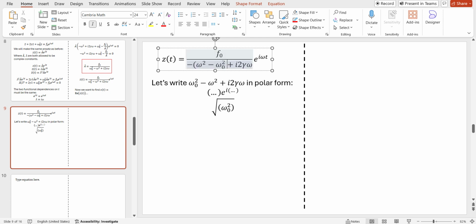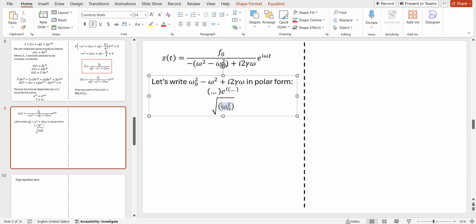I just flipped the order, added a minus sign, right? That's all I did. So if we square this whole thing, that minus sign goes away. So it's going to be omega squared minus omega naught squared, squared. That outer square is the reason why we can get rid of that minus sign. And then we have the complex part, which is just 4 gamma squared omega squared. That's this.